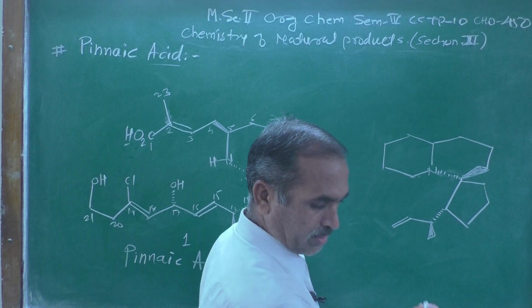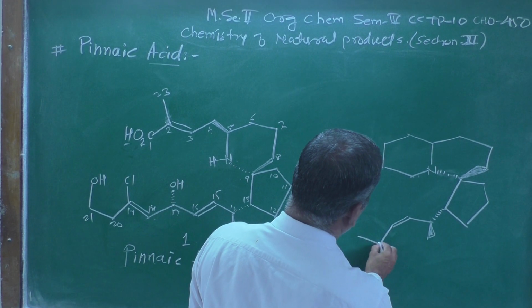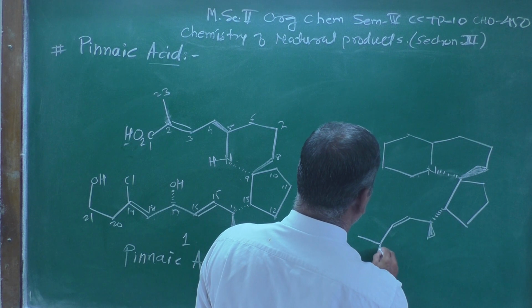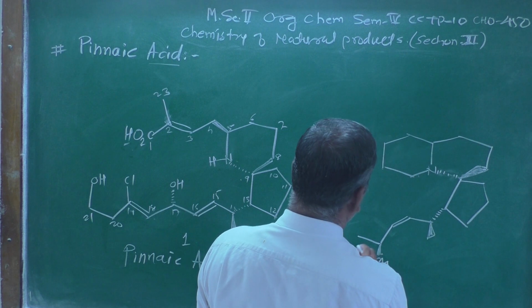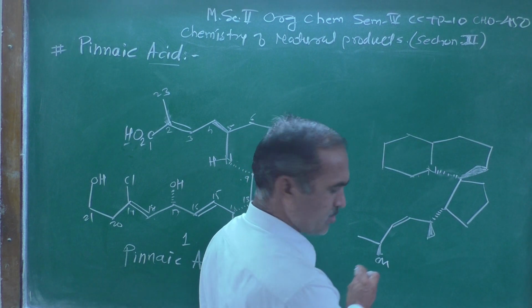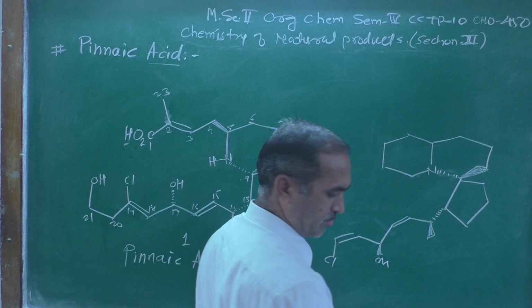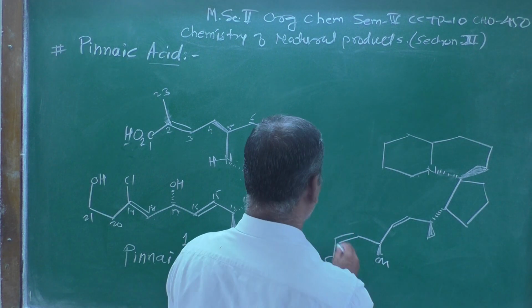here we can draw the structure. This one, the hydroxy group, should go below. Then there is again a double bond and a chlorine atom over here.